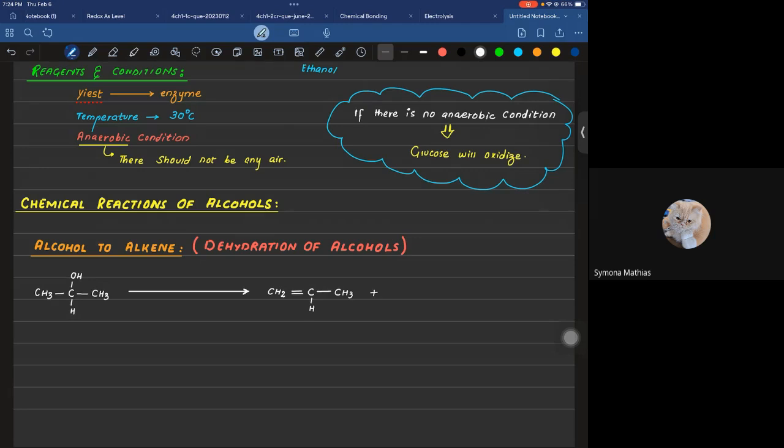As a result of this, byproducts would also be produced: carbon dioxide, water, sulfur dioxide. These are inorganic products.